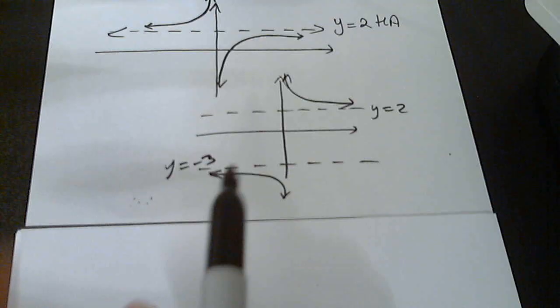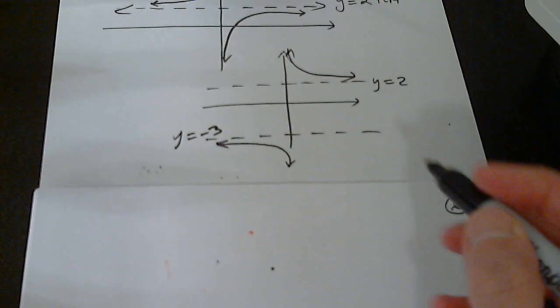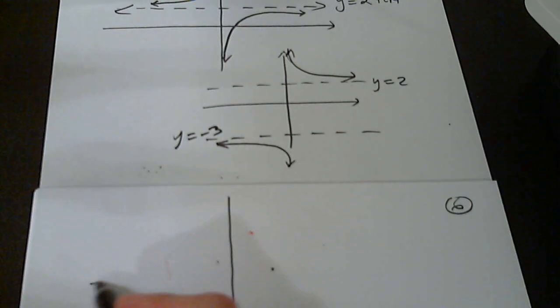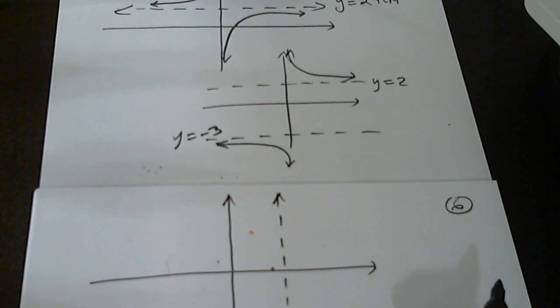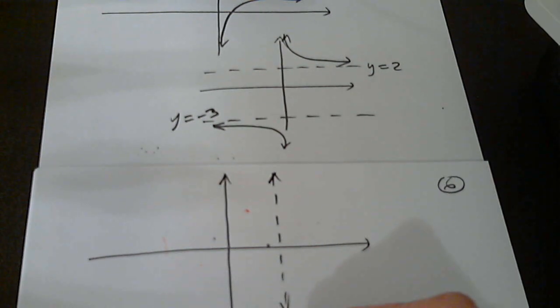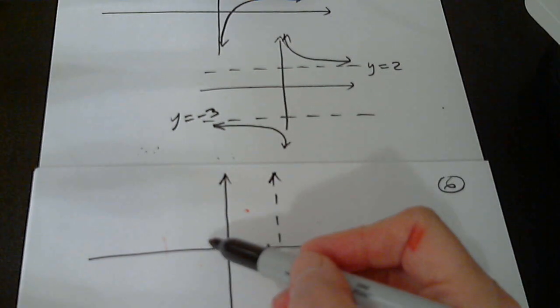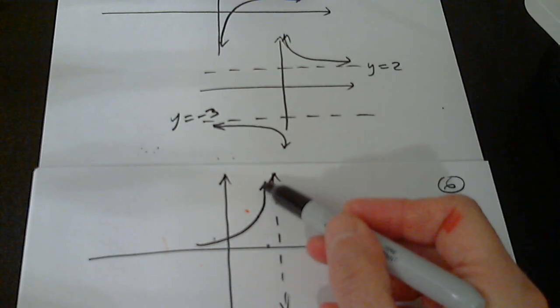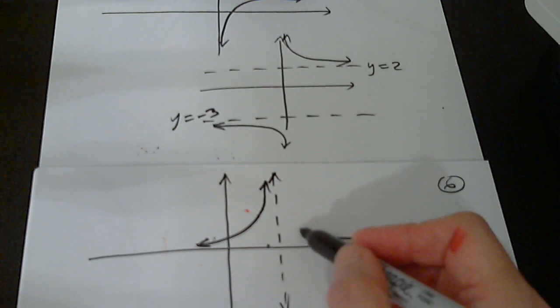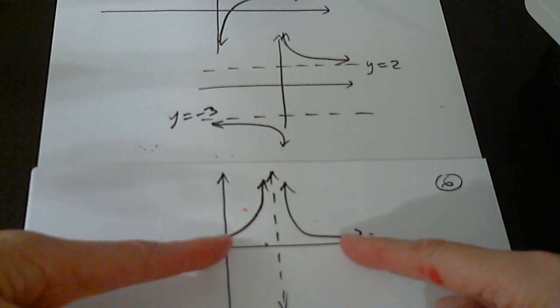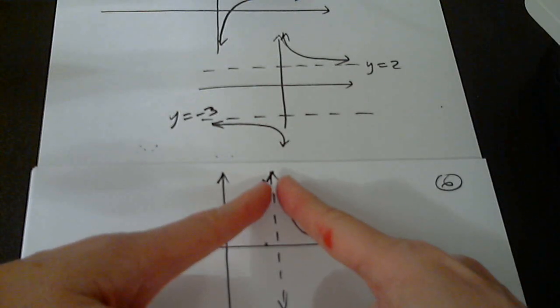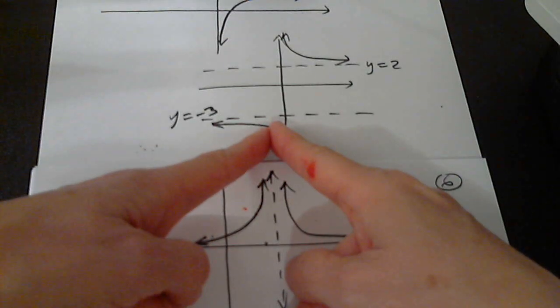How does the vertical look like? Although I just showed you there, let's do another one. So here's for the vertical. Not part of the graph, but it has to be graphed. Let's say x equals 3. And let's say the function does this. As x approaches 3 from either side, the function values get closer and closer to infinity.